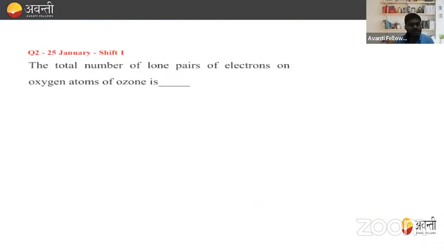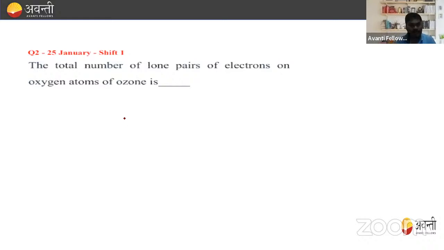The question asks the total number of lone pairs of electrons on the oxygen atoms of ozone. For such a question, you need to draw the structure. Without drawing a structure, you are not able to find the lone pairs or bond pairs of electrons.